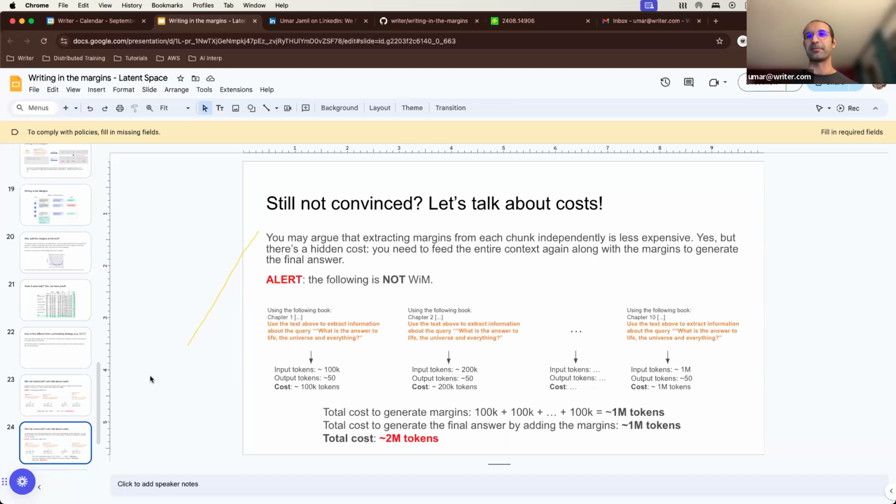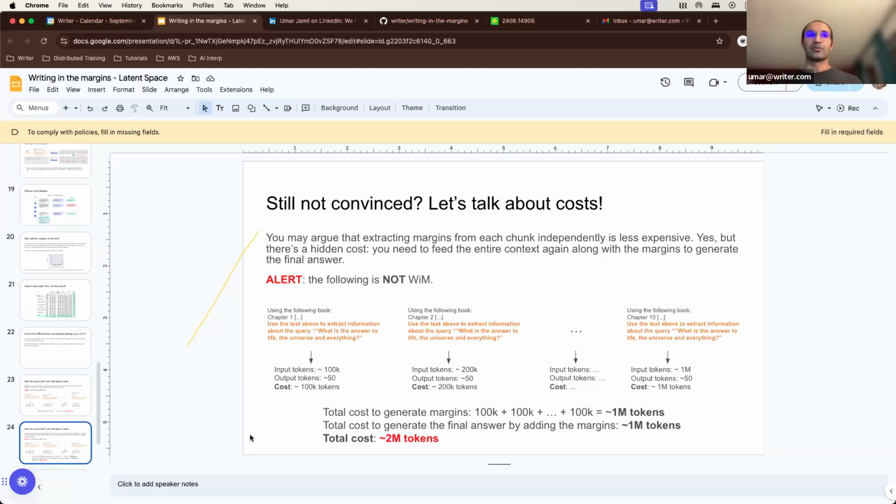Suppose that each of these chapters is 100,000 tokens. Then the cost to generate the margins, and suppose that the margins are really small, is more or less 1 million tokens, because 100,000 tokens multiplied by 10 chapters is around 1 million tokens. But then you need to also send the entire book plus these extracted margins again to the language model to generate the answer, and it would cost you another million, because the model has to reprocess this prefilling of 1 million tokens.